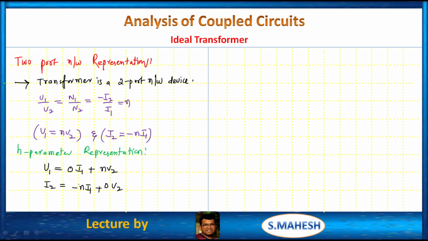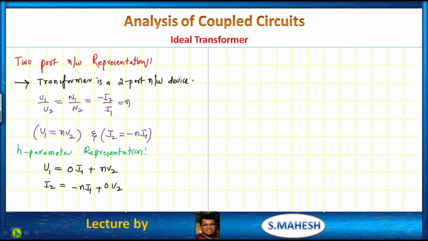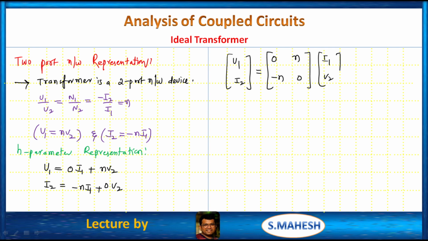So from this we can write V1 I2 equals 0 N, minus N 0, I1 V2.